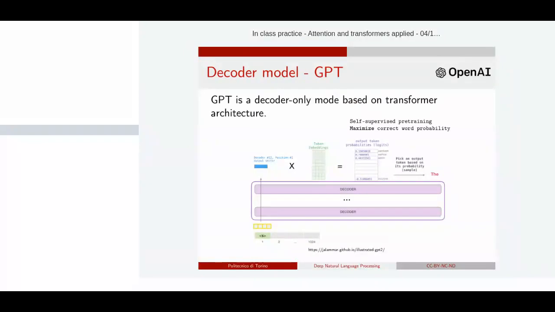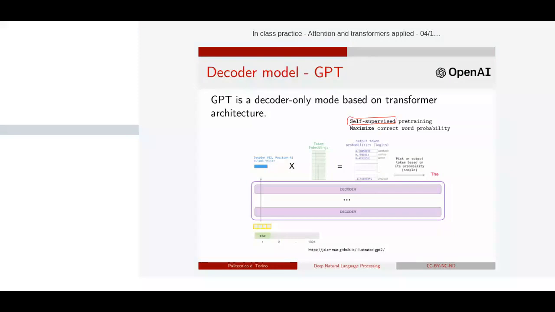Instead, we have the opposite part, using only the decoder part of the transformer architecture. The idea is that I always want to use self-supervised pre-training because those models are very data hungry. That means that they need a lot of data to be effectively trained.